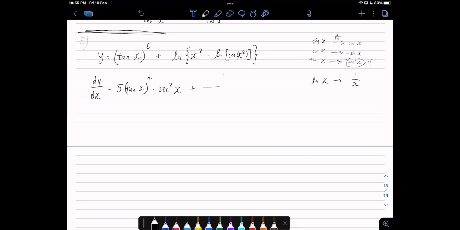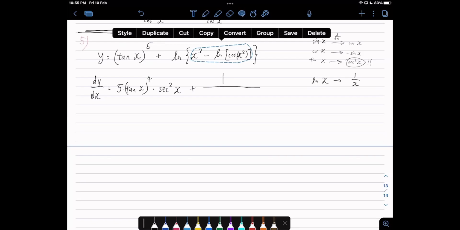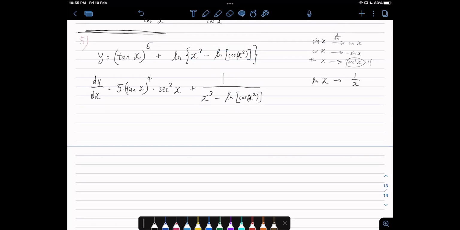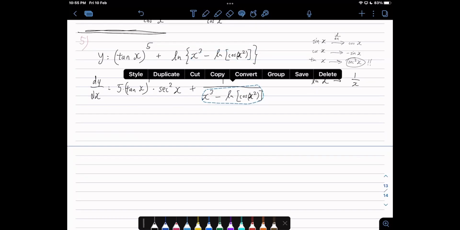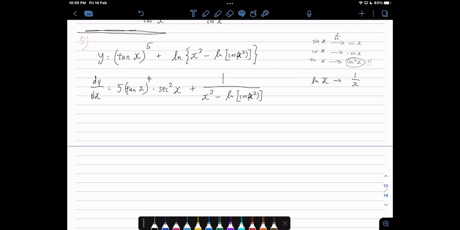So just 1 over x cubed minus ln of cosine of x squared. Yeah, that's how you read it. Okay, ln of cosine of x.